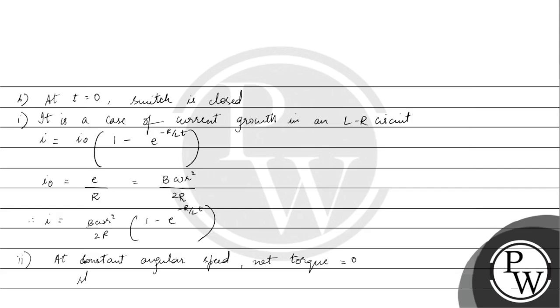So steady state current को हम ये लिख सकते हैं कि I is equal to I naught, which we have seen to be equal to B omega r squared by 2R.